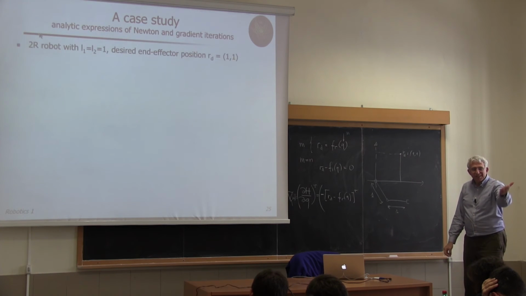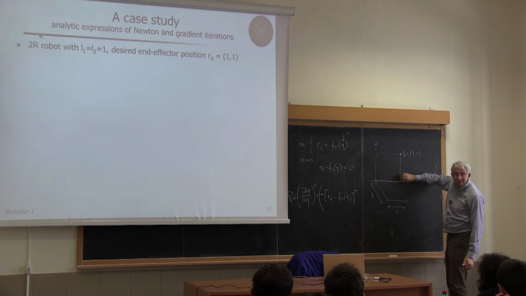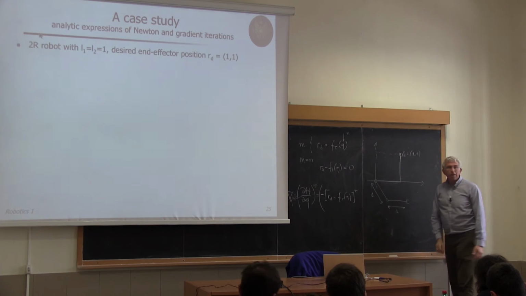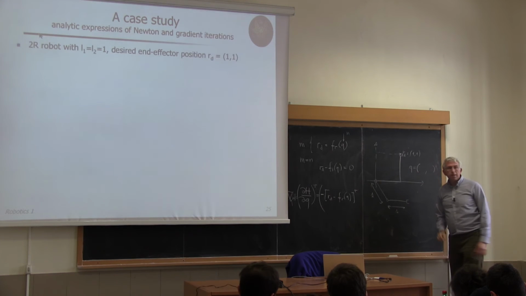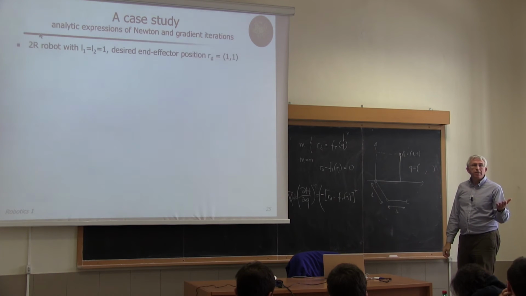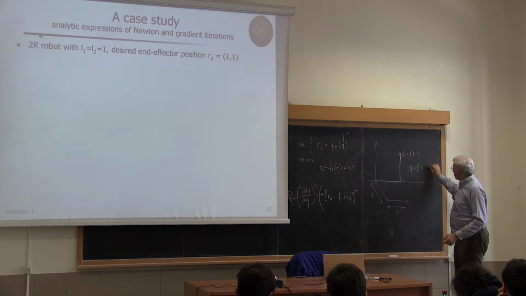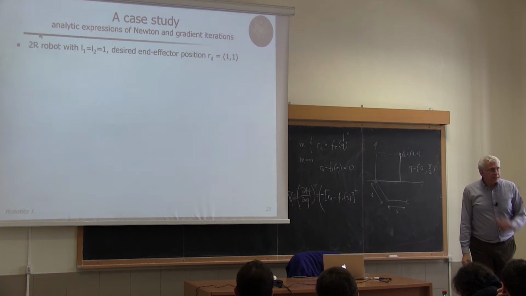Just put the first link on the x-axis and the other one on the y-axis. Okay. So this is a solution: Q equal 0, 0, pi over 2.